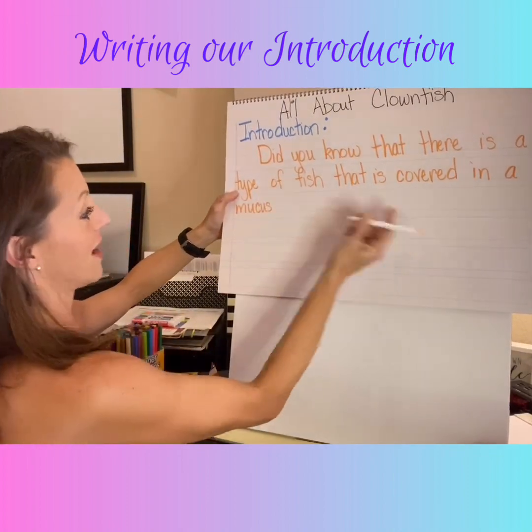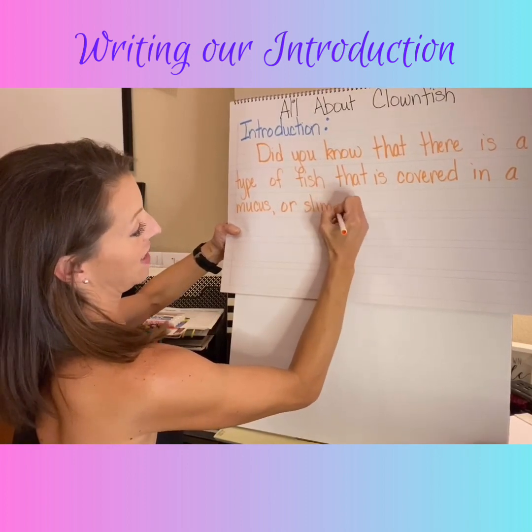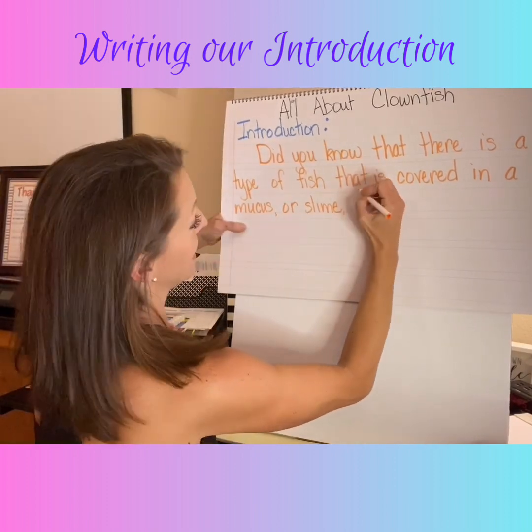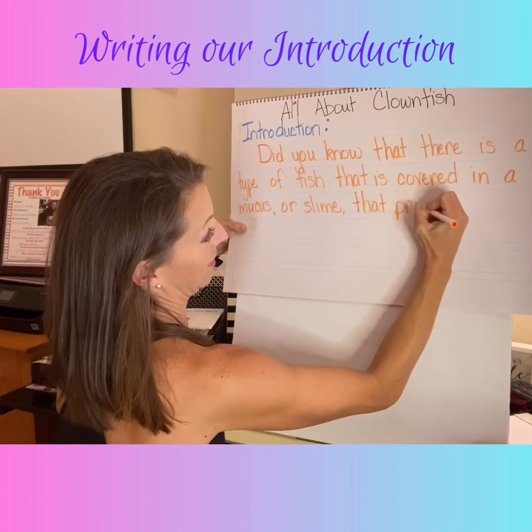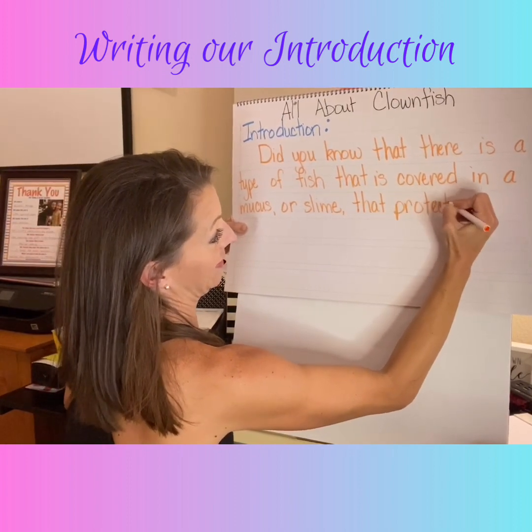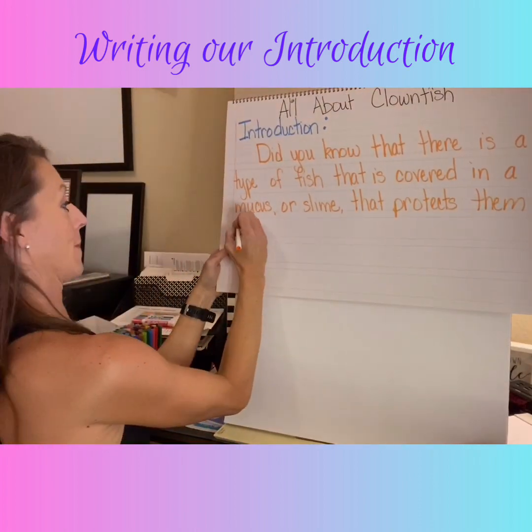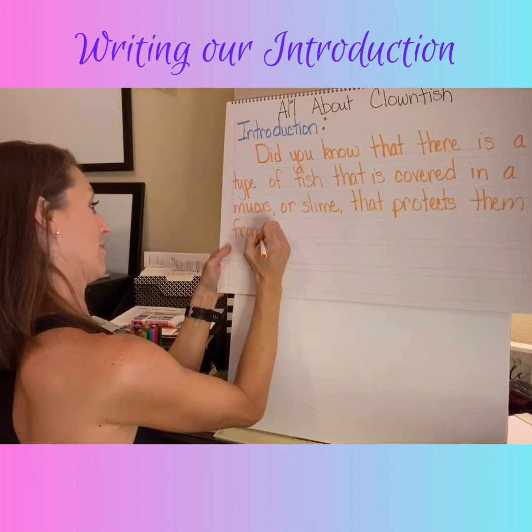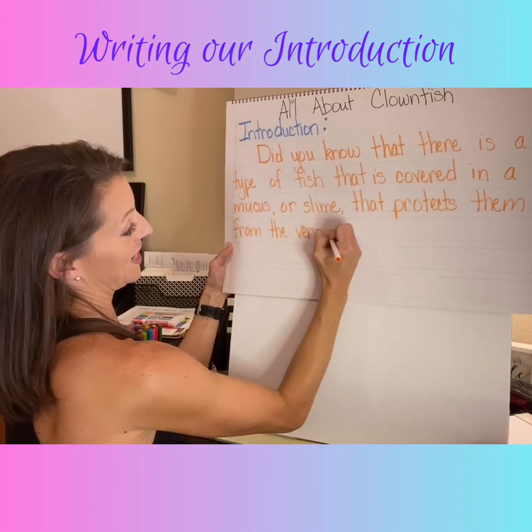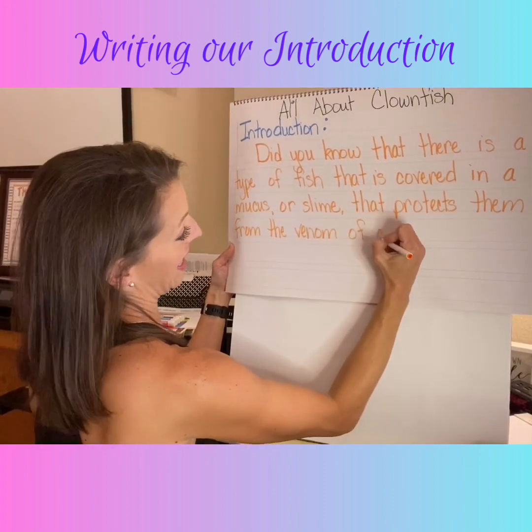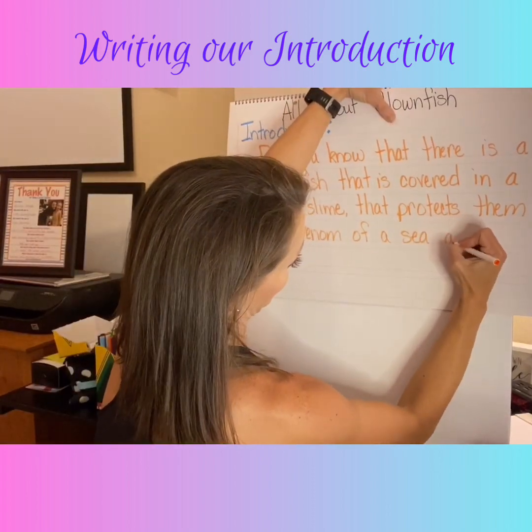So I could put that is covered in a mucus or slime, because that might be easier for people to understand, that protects them from the venom of a sea anemone.